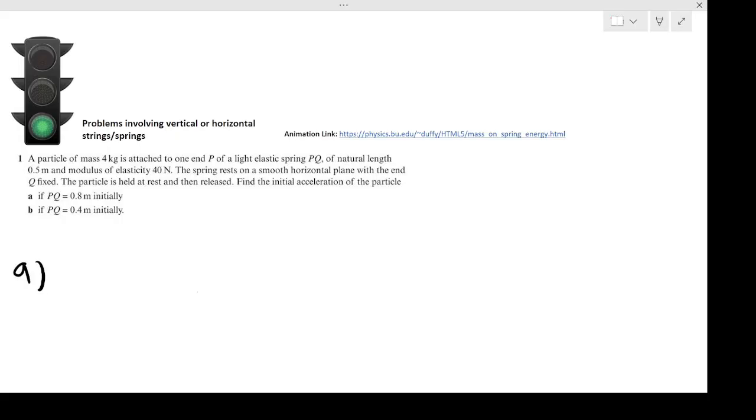So what is going on here? What do I draw? The key detail that helps me visualize what's going on is I'm told the spring is on a horizontal plane. A plane is basically a fancy word for a surface or floor, something like that. So it's on a horizontal surface.